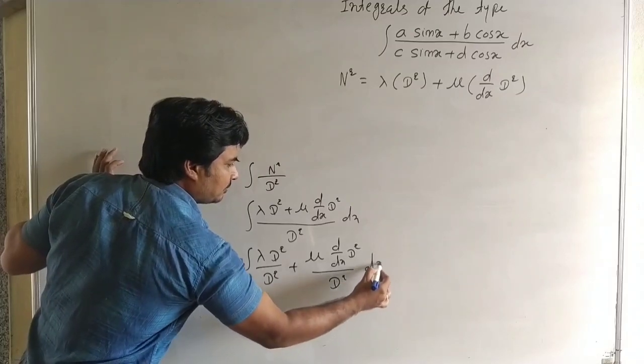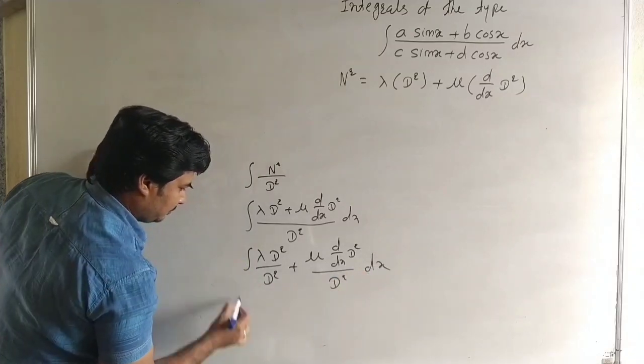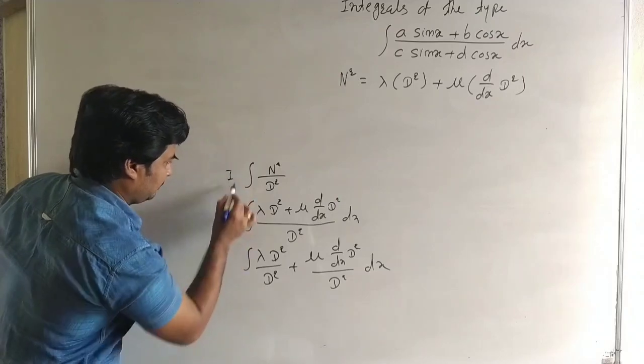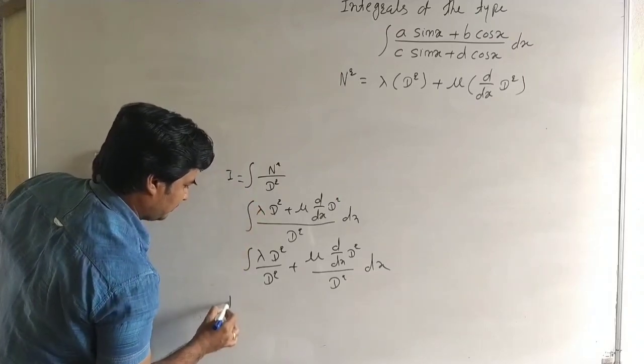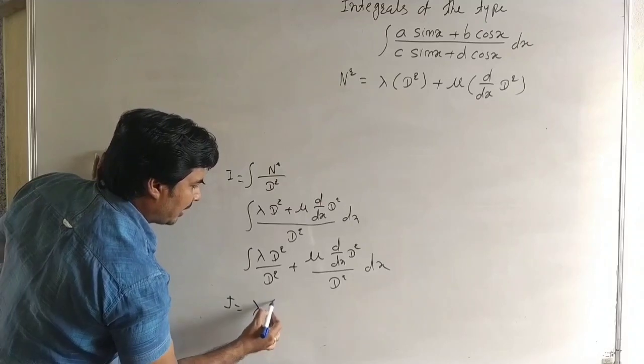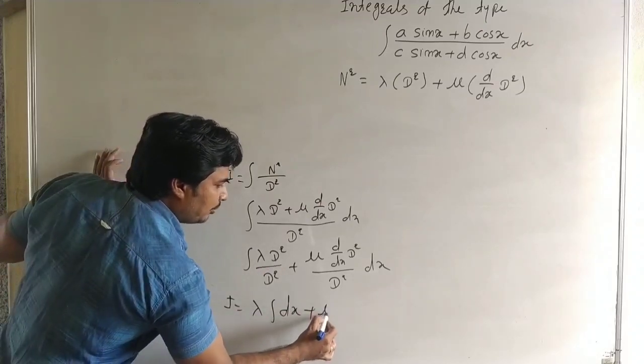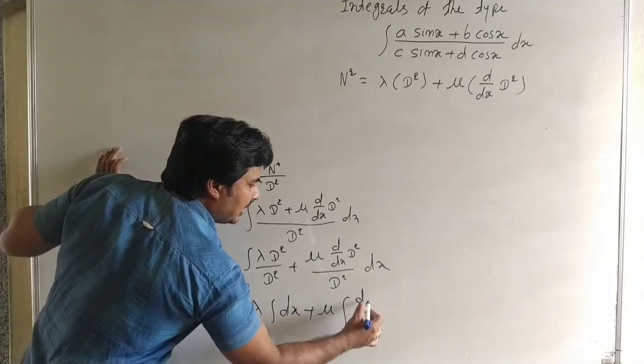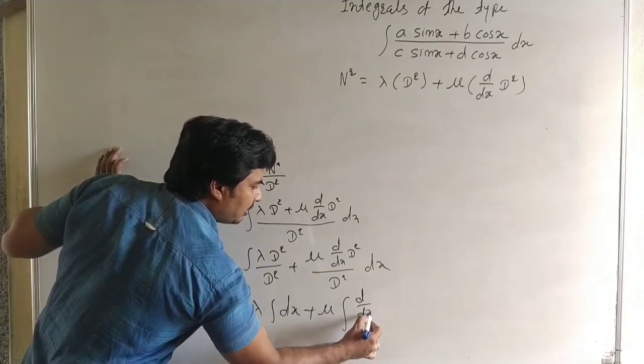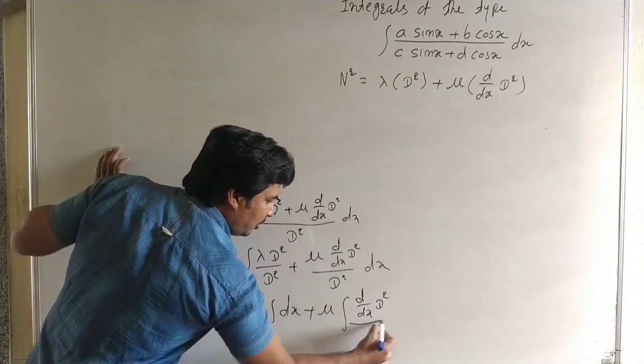See carefully. In the integral, the denominator cancels in the lambda term, leaving only dx, plus mu into derivative of denominator upon denominator.